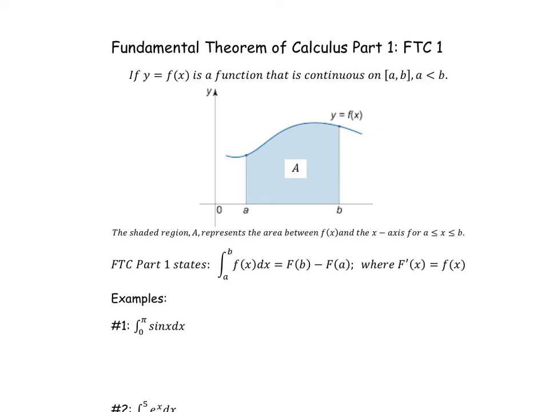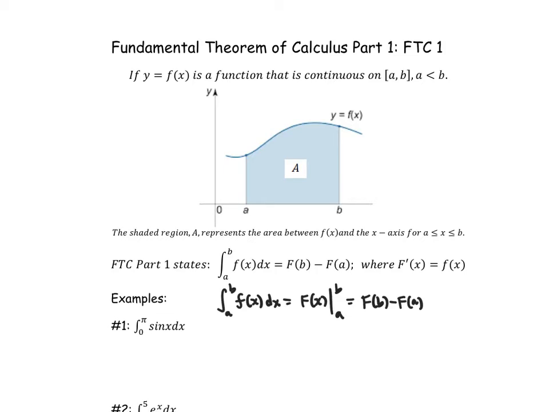Now the notation that you will see on my keys is that the integral from a to b will be big F of x evaluated from a to b, and that is equal to big F at b minus big F at a, where the derivative of big F is little f.